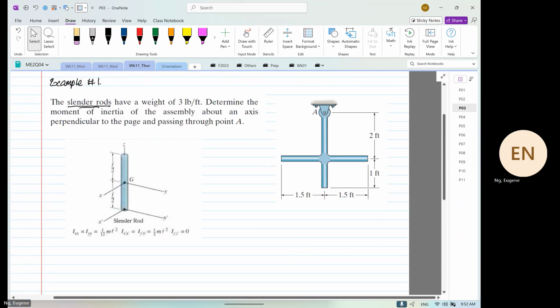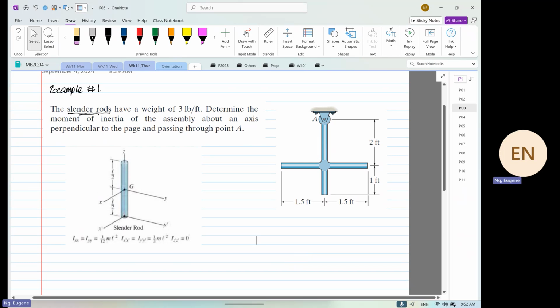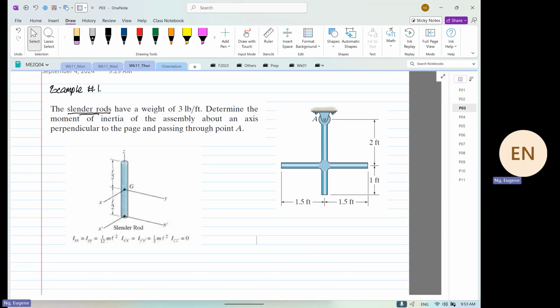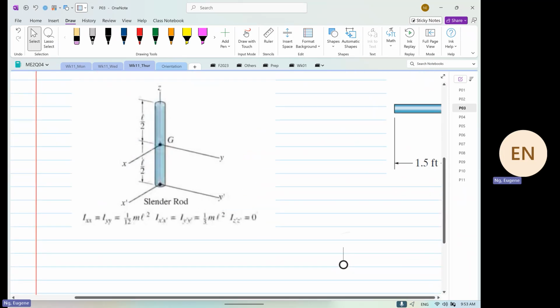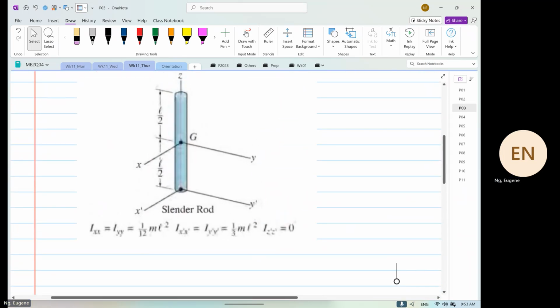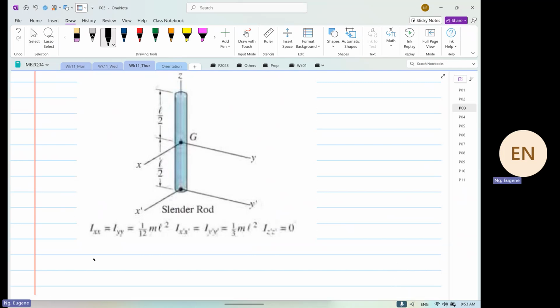Okay. Right. So there's two things we need to take note. Okay. So let's focus on the formula below. Okay. So when it is Ixx and Iyy, right? The formula that we use is 1/12 ml squared. Okay.